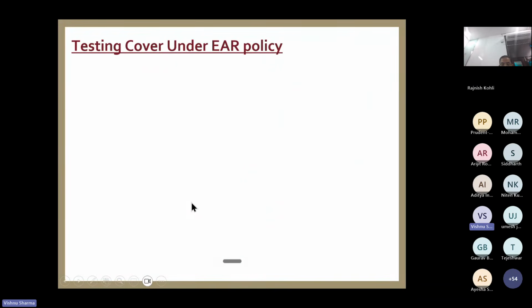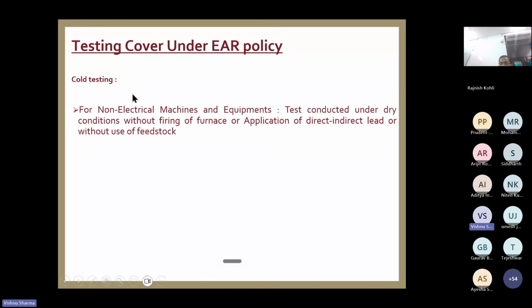Now testing cover under ER policy. Now the critical portions are coming. We are entering into a critical area. Now what is cold testing? Cold testing is something which is done without giving load to the equipment. It is a test conducted under dry condition.